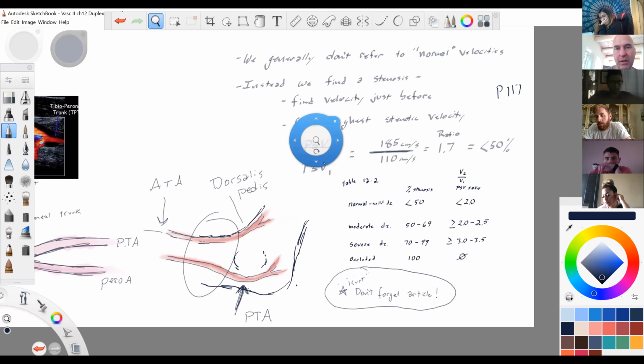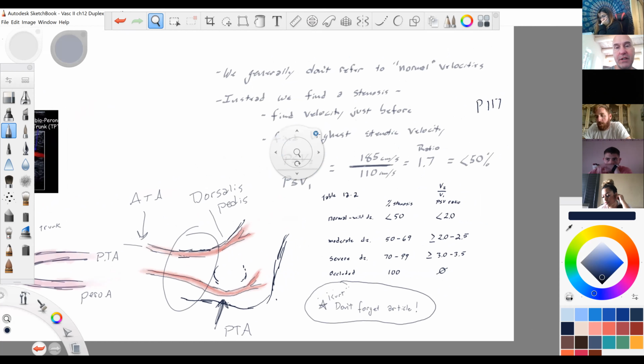Okay, so as far as your velocities go, there is a normal velocity. Well, I'm on the wrong chapter. Close to page 117, there is a normal velocity table.